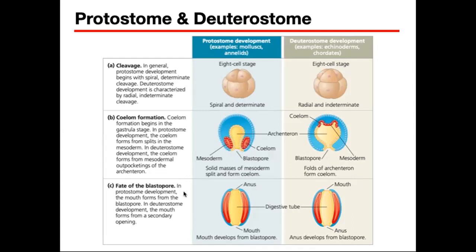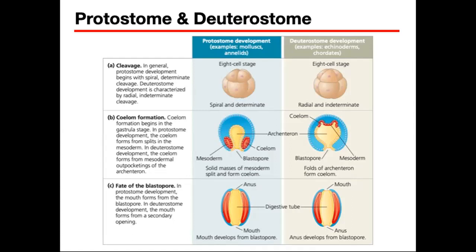In protostome, the mouth is formed first from the blastopore. The blastopore is the opening of the archenteron. And then later on, the anus. In deuterostome, the mouth would form later, so the anal region forms before the mouth. That's for deuterostomes.